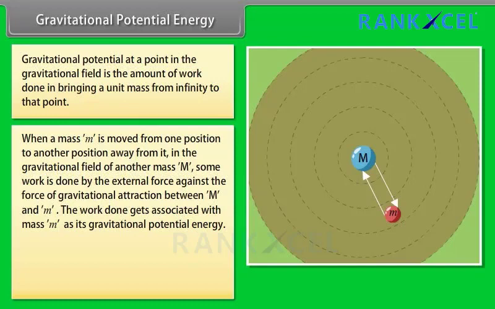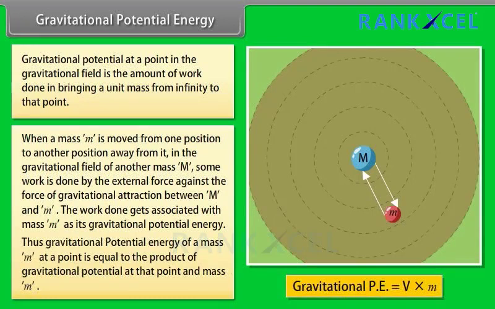The work done gets associated with mass m as its gravitational potential energy. Thus, the gravitational potential energy of a mass m at a point is equal to the product of the gravitational potential at that point and mass m.